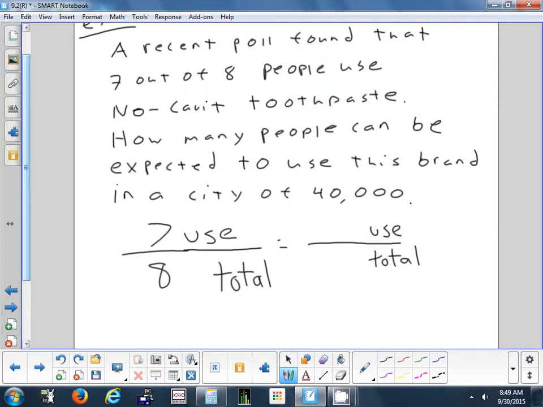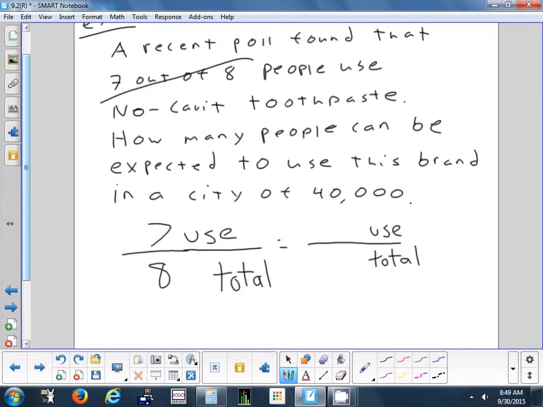Davin, so we used the 7 out of 8. We don't have to worry about that anymore. What's the only other piece of information in that problem that might be helpful? All right, so you got 2 choices. Where do you want to put it? With the people that use it or the total number of people?